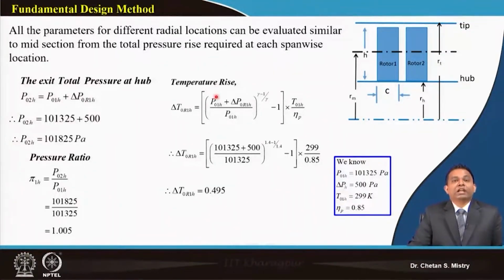Here, I can do my calculation for temperature rise at the hub. I will be putting P01 at the hub and delta P0, and this temperature we can say is 299 K. That gives me my delta T0 as 0.49.